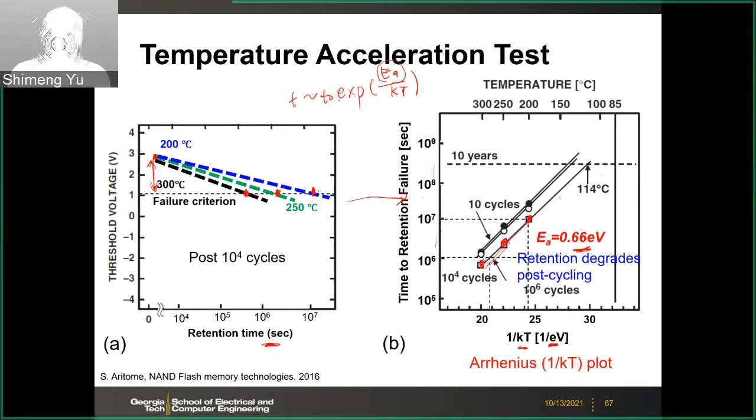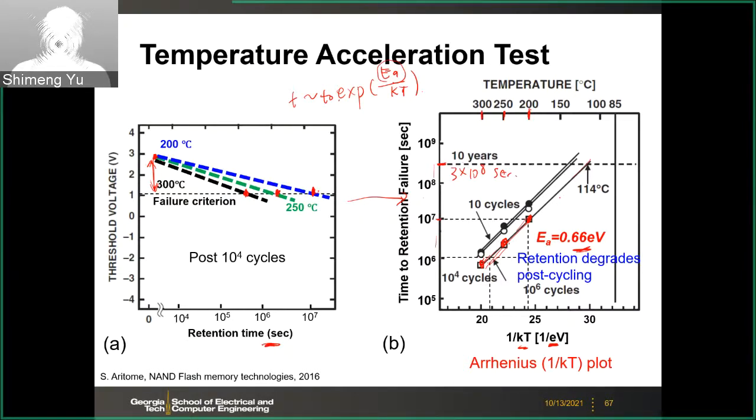So you use that to extrapolate to the lower temperature, because here those 3 points correspond to 300C, 250C, and 200C, but you want to know your lifetime at the lower temperature. So here on the y-axis, this is the time to failure, and here is the 10-year. You need to know this number is 3 times 10 to the power 8 seconds.